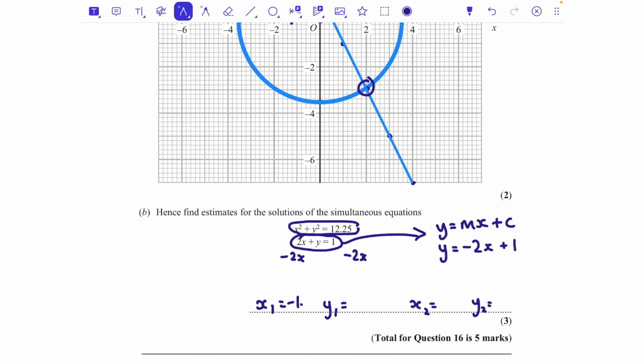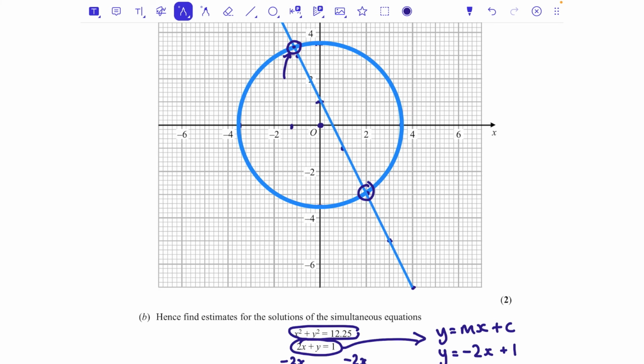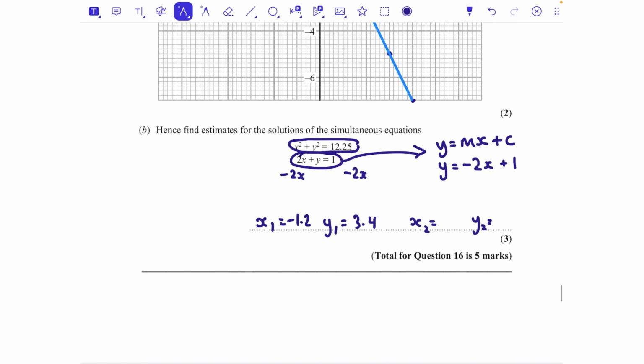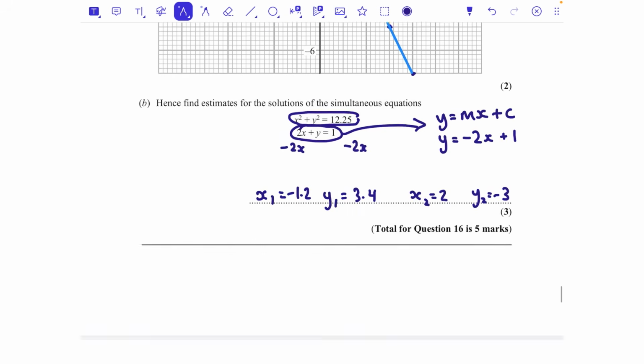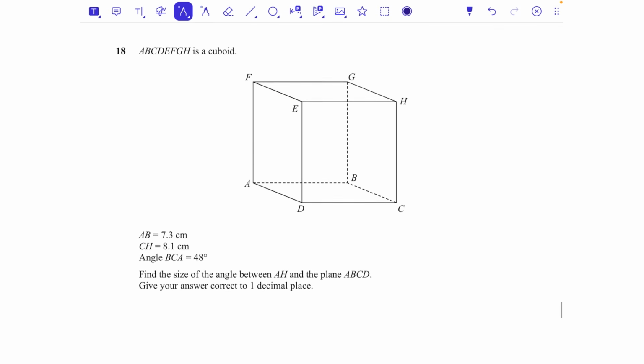So minus 1.2, 3.4. And for the other coordinate, x is, let's say, 2, and minus 3. I don't think my drawing is very good. Again, I'll pop the mark scheme up so you've got the exact values, but that is how you would do it. Fabulous. Question number 18.